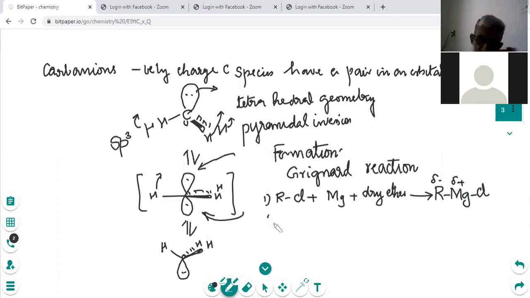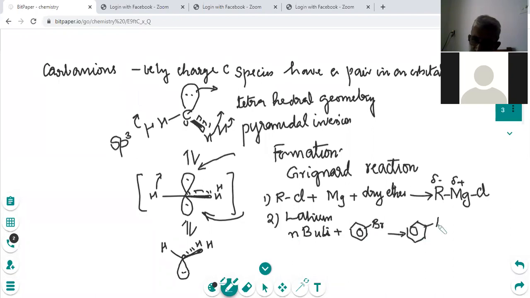Number two, you can prepare this by lithium reactions. For example, if you take n-butyl lithium and phenyl bromide, C6H5Br, you can prepare phenyl lithium.